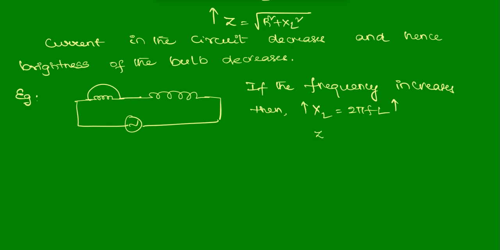So Z will also increase. As Z increases, current decreases. So in this case also, with the increase in frequency, brightness of the bulb decreases. So this kind of questions we can expect.